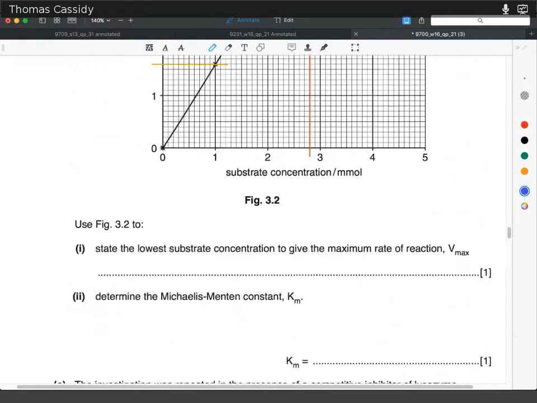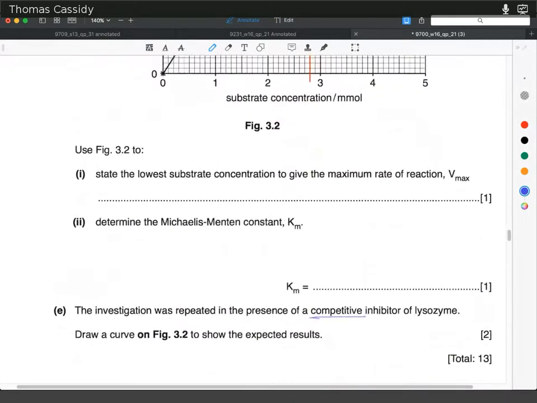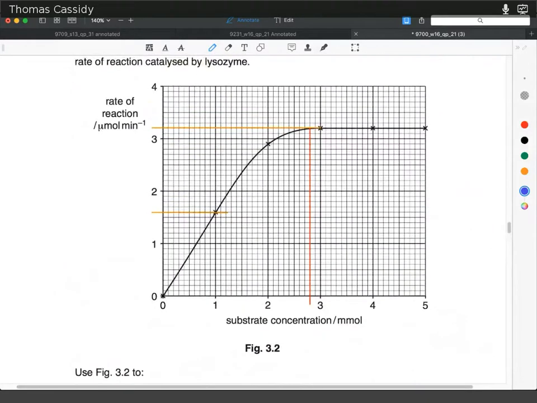So what do we mean when we say a competitive inhibitor? We were just talking about active sites on enzymes, about this kind of puzzle fit. During this reaction we've got all of our substrate being used, and we've got our enzymes that come along and catalyze it.